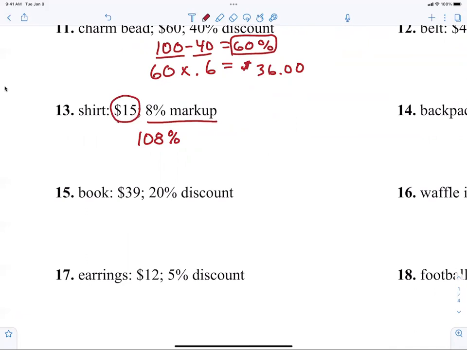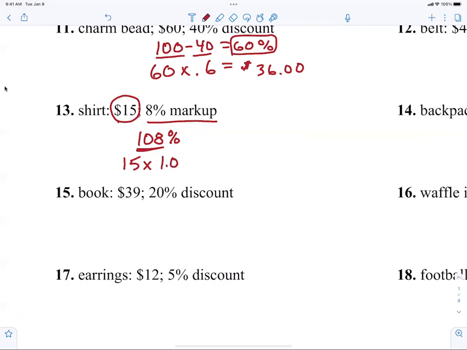15 times, right? No. So you did the 0.08. It's 108%. How many places do I move the decimal? Take 108 on your calculator and divide it by 100. Anytime you're not sure. 1.08.